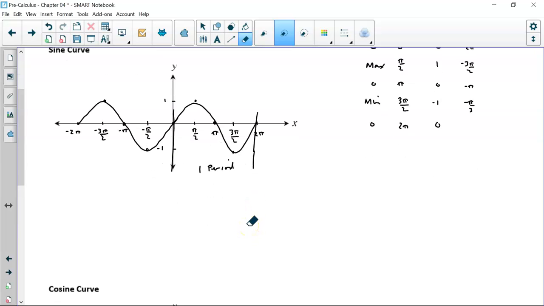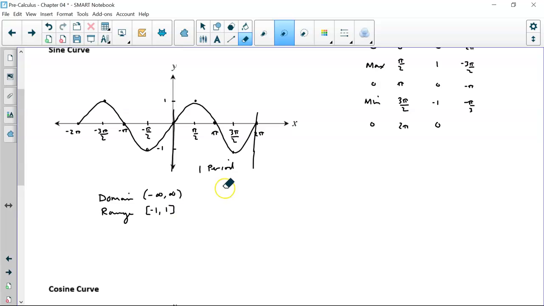Now, for the sine graph, our domain, we can use any input we want to. It's going to go from negative infinity to positive infinity. But all of our outputs, our range for the sine of x, is going to be from negative 1 to positive 1.